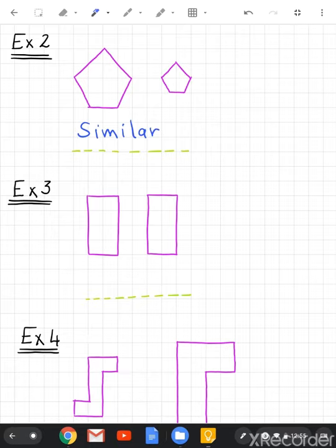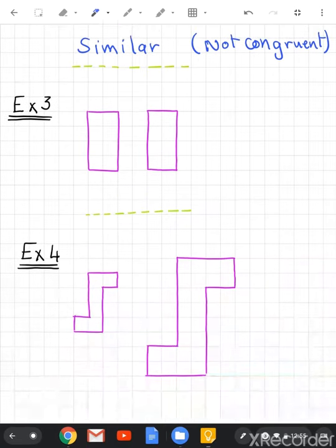They are similar but not congruent because they are different in size.